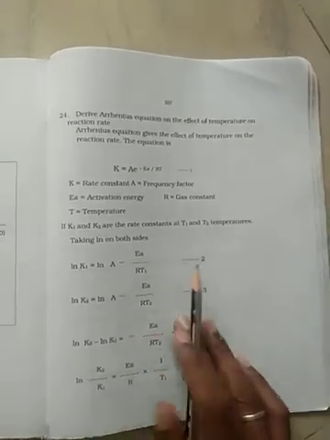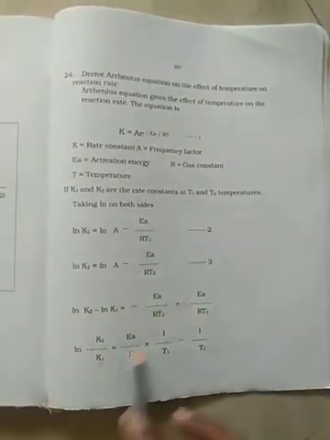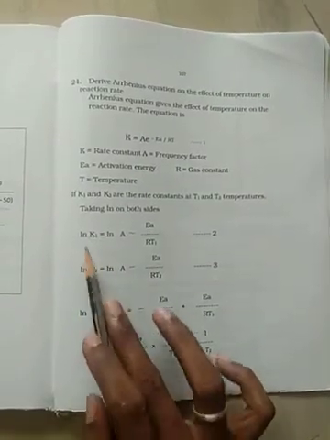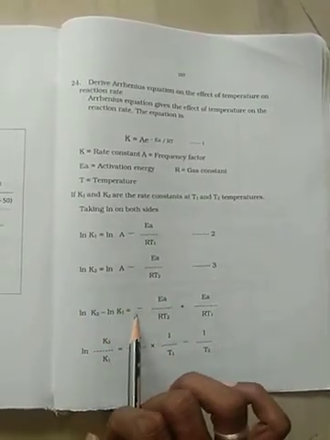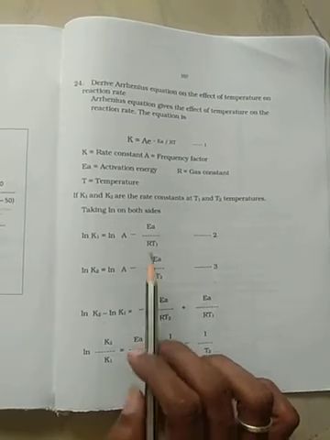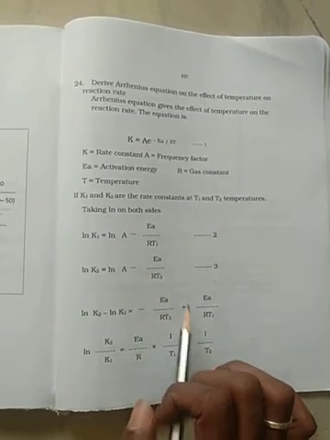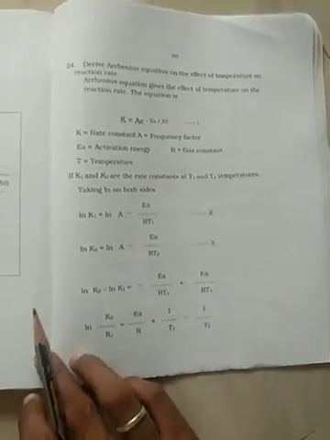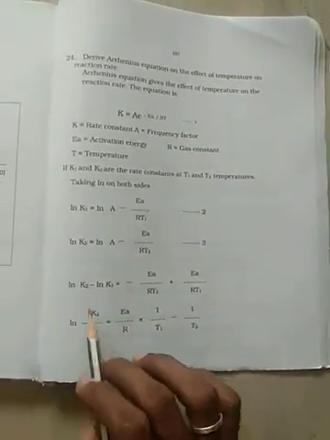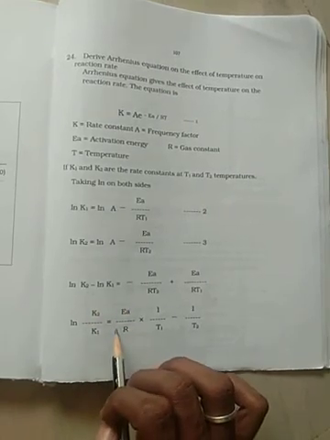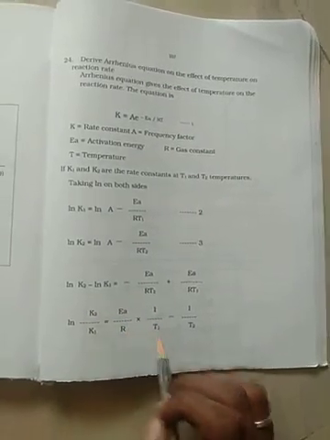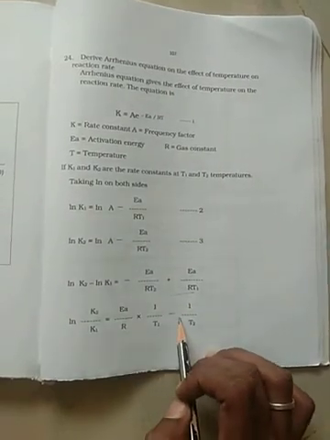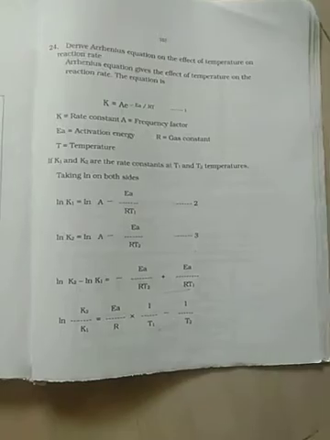So comparing equations 2 and 3: ln K2 minus ln K1 equals minus EA by RT2 plus EA divided by RT1. Next, ln K2 divided by K1 equals EA divided by R into 1 by T1 minus 1 by T2.